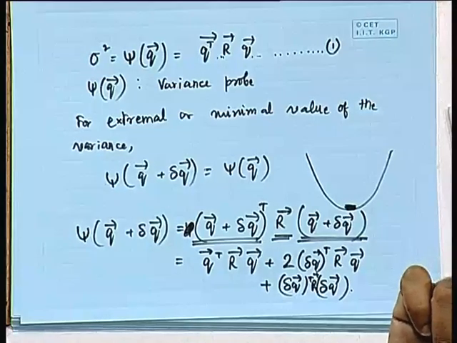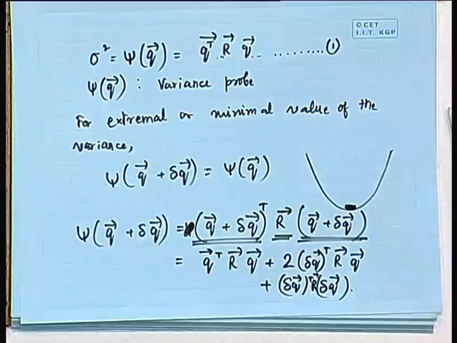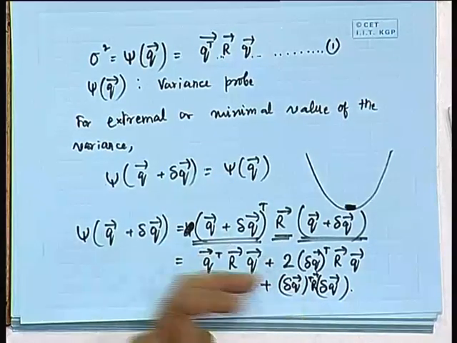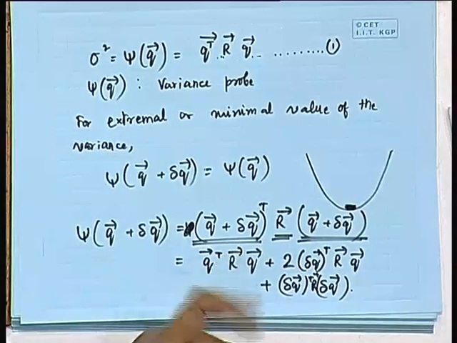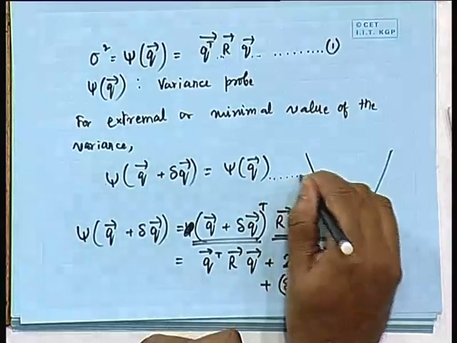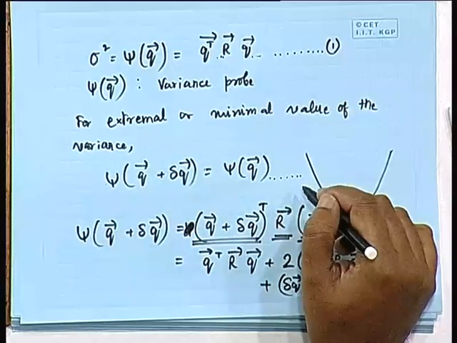So delta q itself being very small, the contribution of delta q transpose r delta q will be much less as compared to the contributions of the first 2 terms. So the first 2 terms will be dominating.